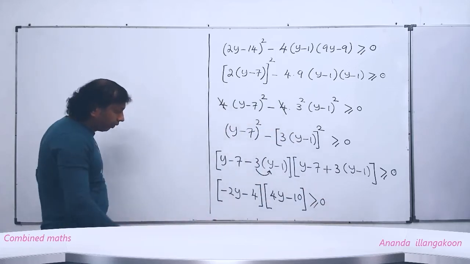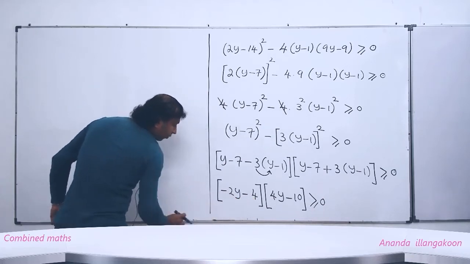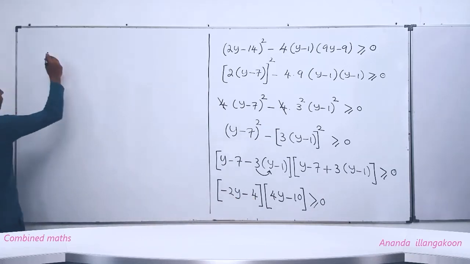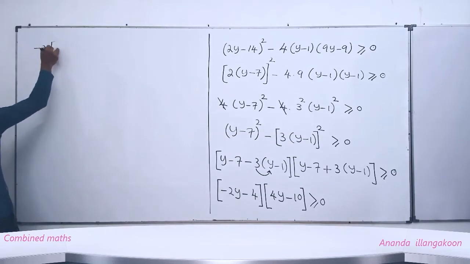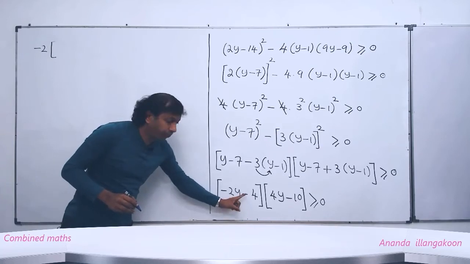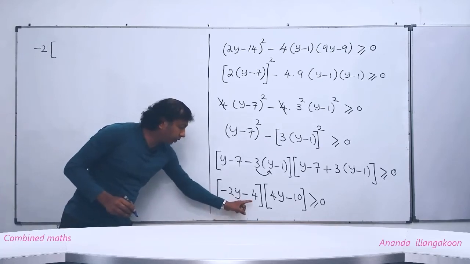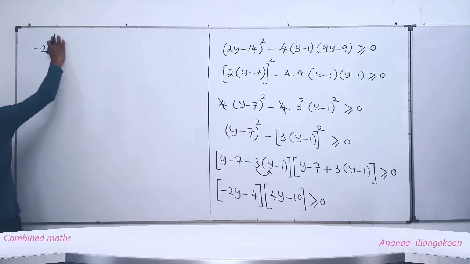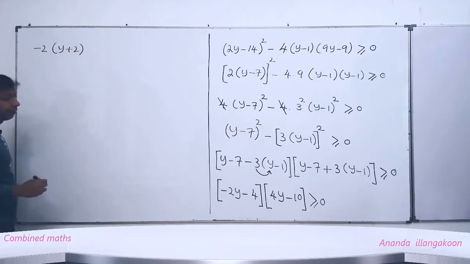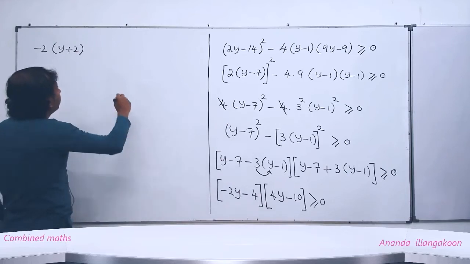Right, I take minus 2 out from this bracket as common factor. Once you take minus 2 out, the bracket will be positive. When you divide this and this both by 2, we get y plus 2. And here take another 2 out. 2 is common.